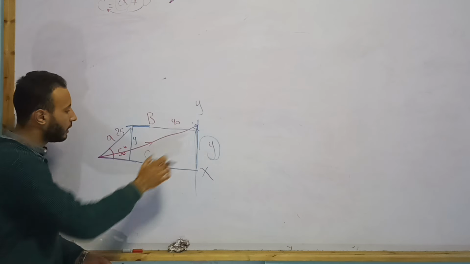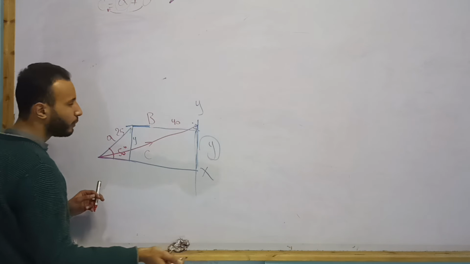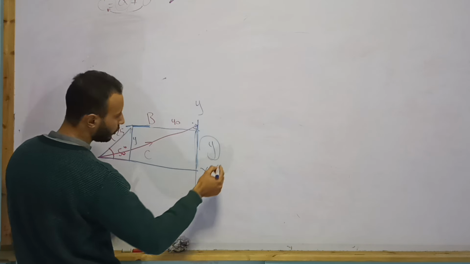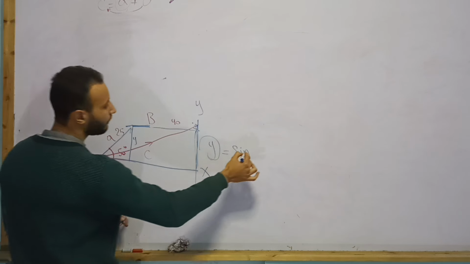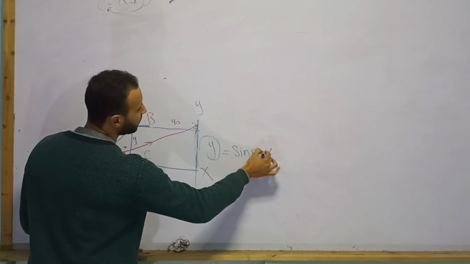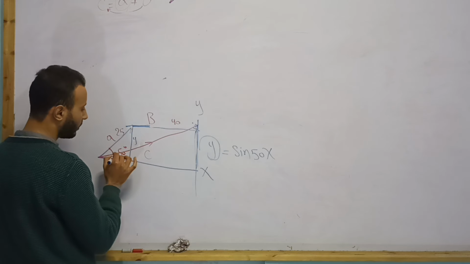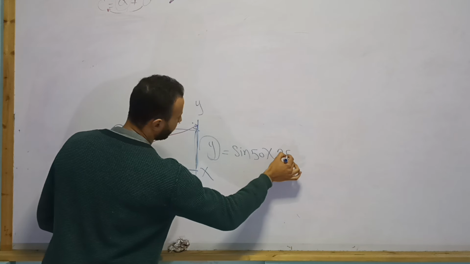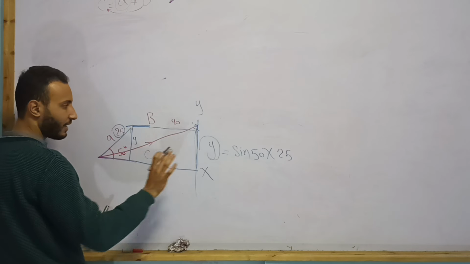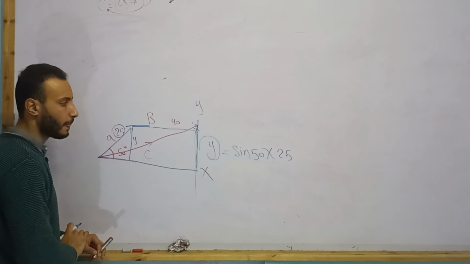To find it, do you use sine or cosine? By sine. So y equals sine of the angle, which is 50, times the vector, which is 25. So like this we get this part.